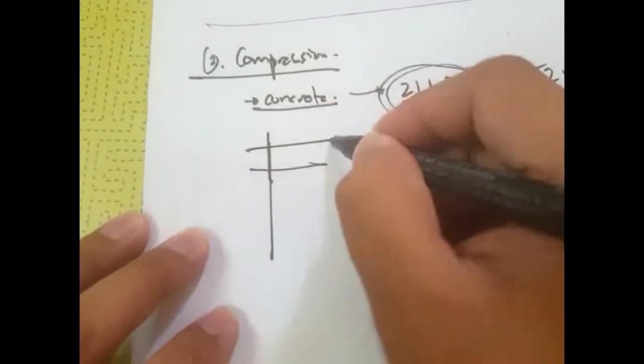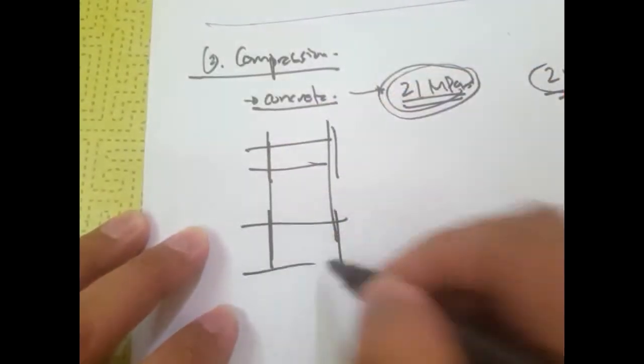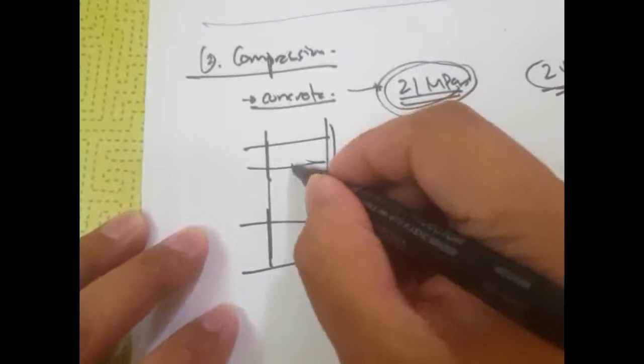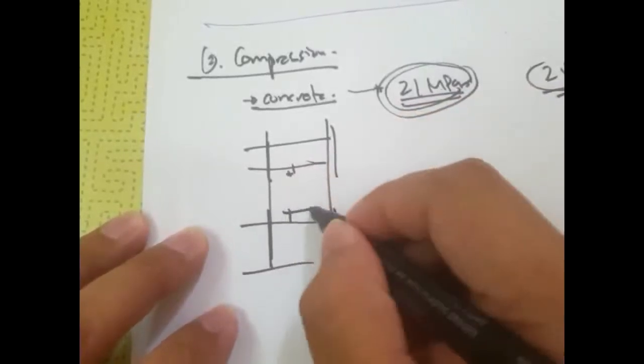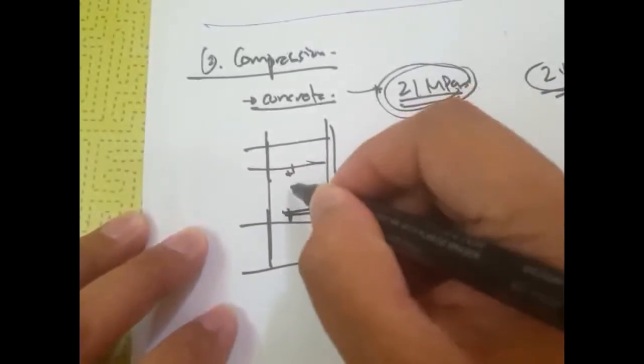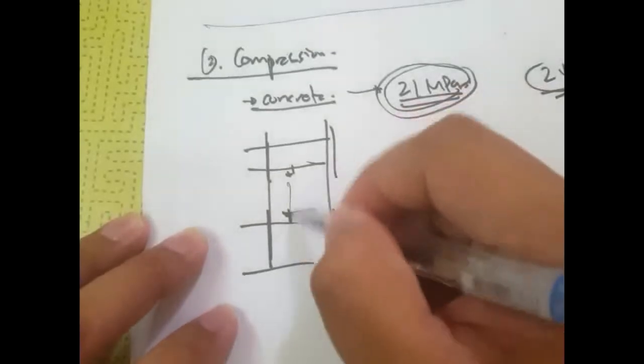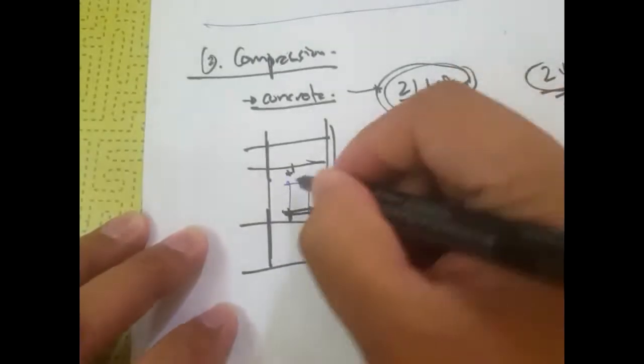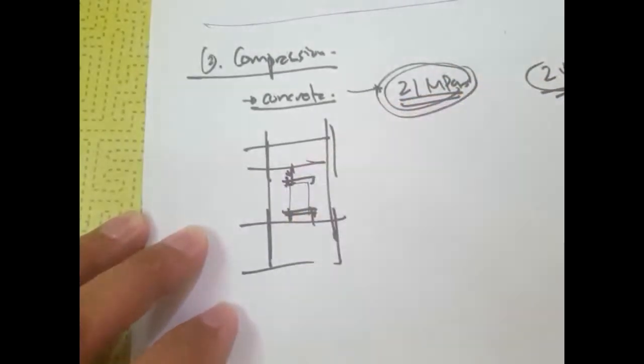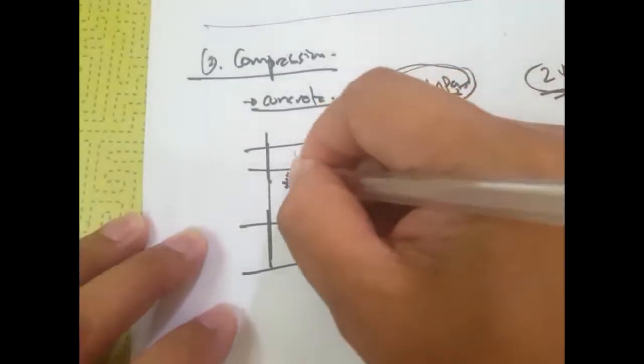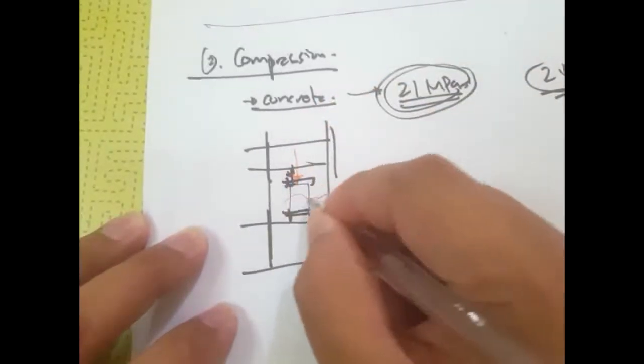It's just the same testing machine, and we have this, for example, the base, and then we have this test specimen right here, which is being subjected to axial compression, or compression loadings, until it breaks.